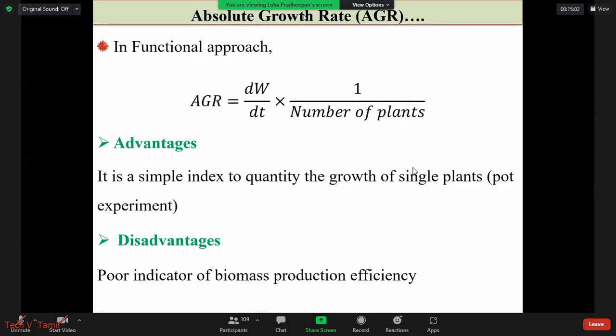The first one is crop growth rate. Then the second one is absolute growth rate. For crop growth rate, we are calculating the dry weight change with the time period for a particular land area. That is the simple measure we are able to calculate.